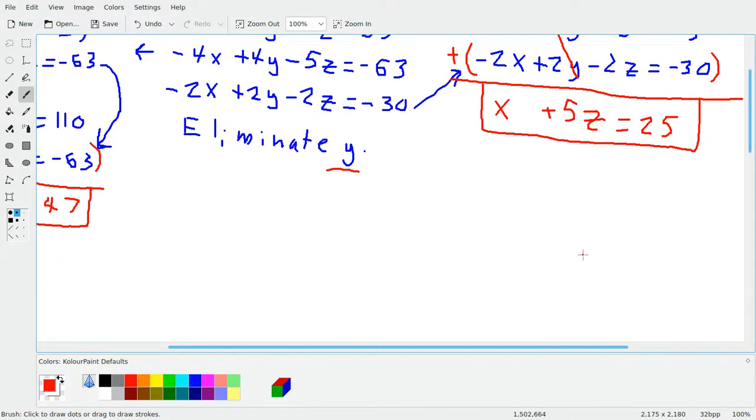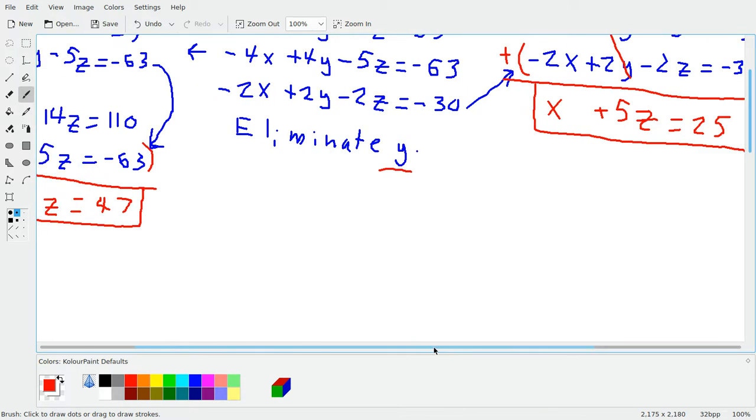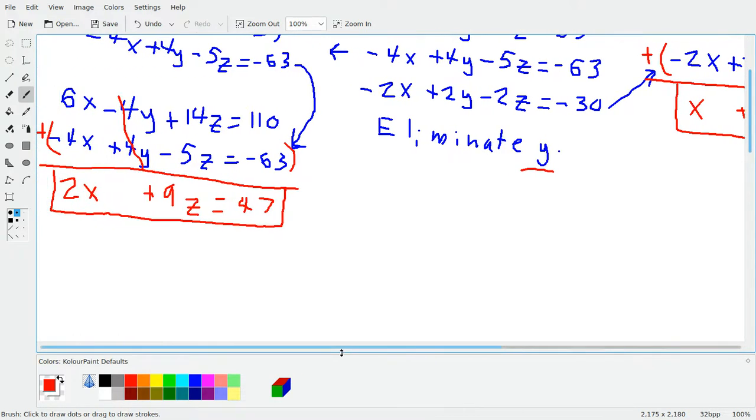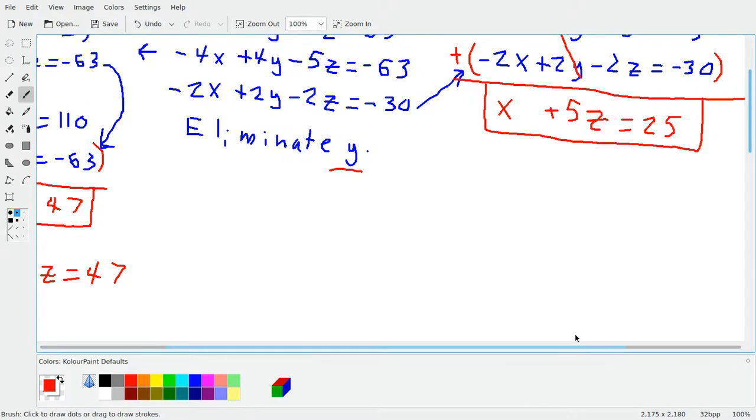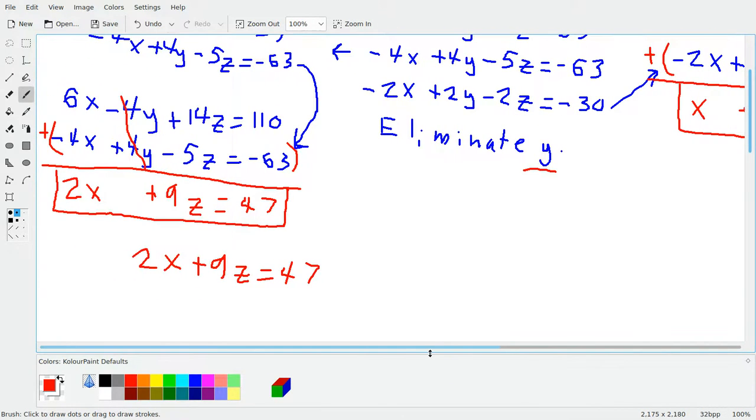Now, we're going to take these two boxed equations and do a third elimination. The first boxed equation here, let me rewrite it, was 2x plus 9z equals 47. And our other red boxed equation from the other side of the paper, x plus 5z equals 25.